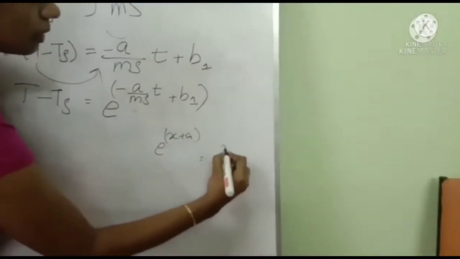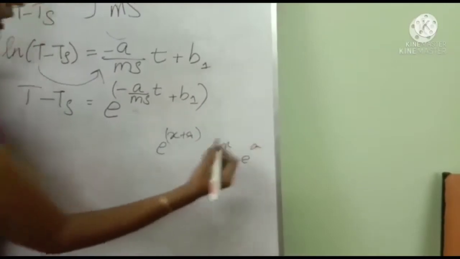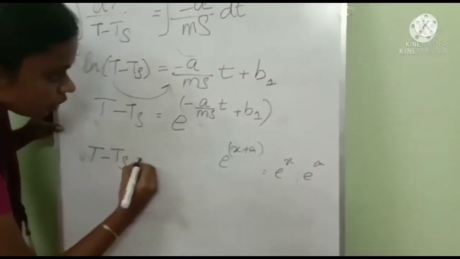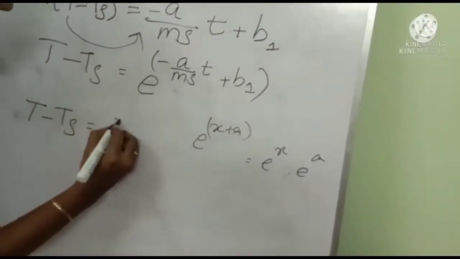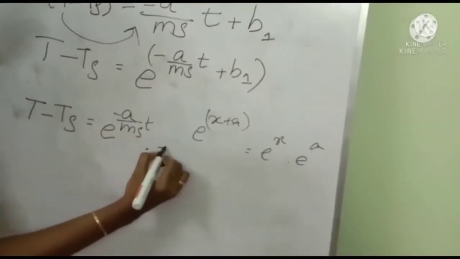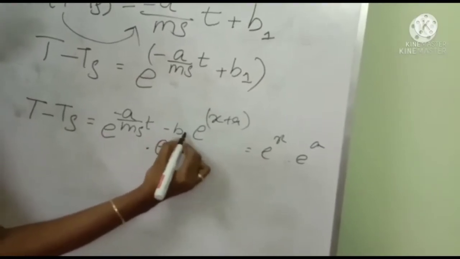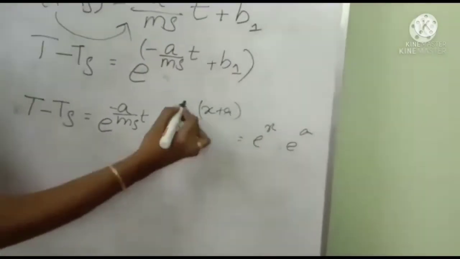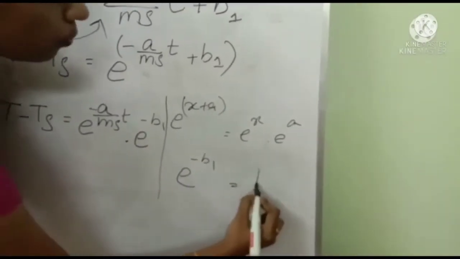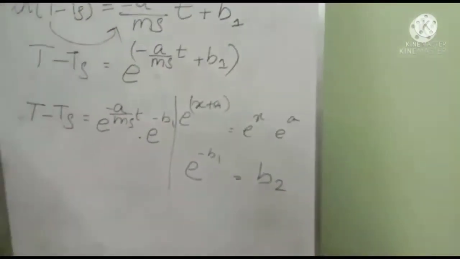We can write it as e power x into e power a. Like that, we can write here T minus Ts equal to e power minus A by ms t dot e power minus B1. Now, we are writing this e power minus B1 term to be B2 for convenience.